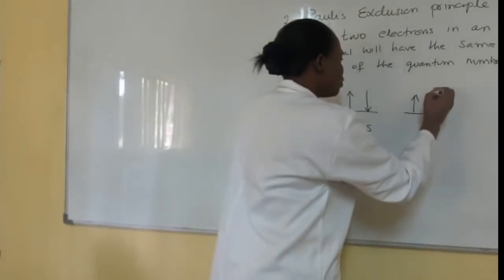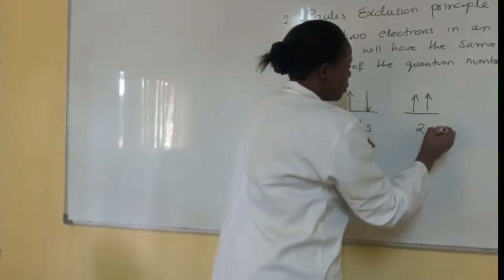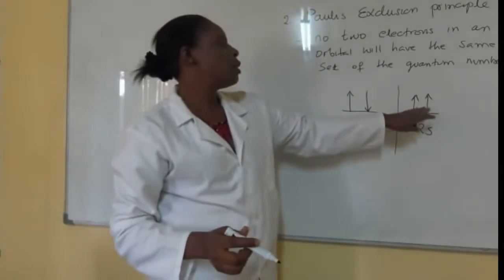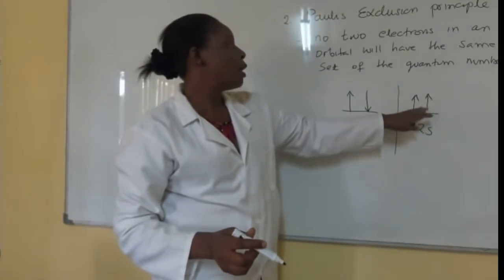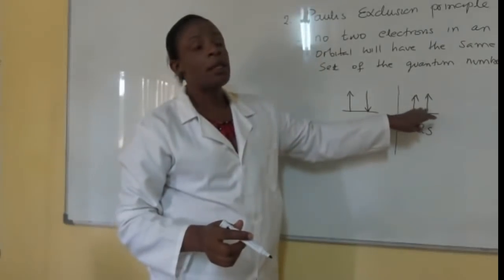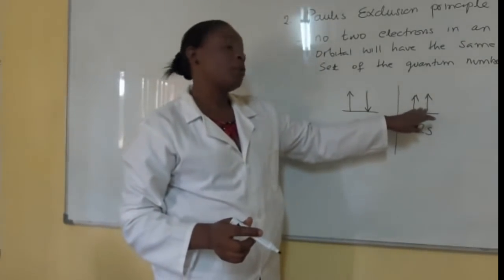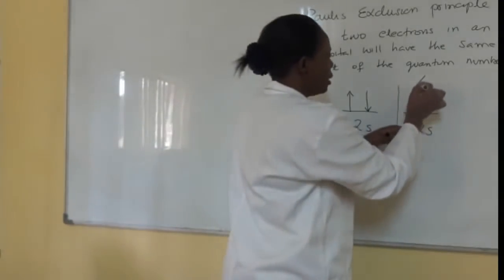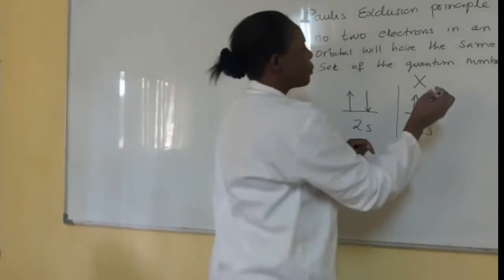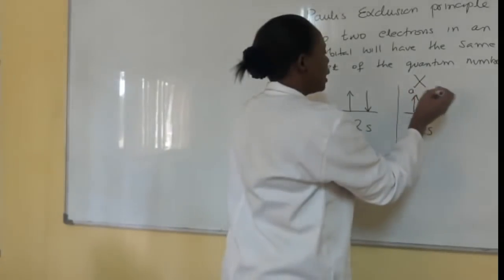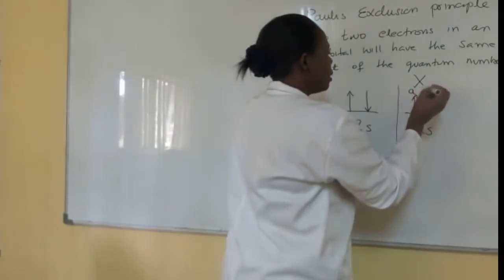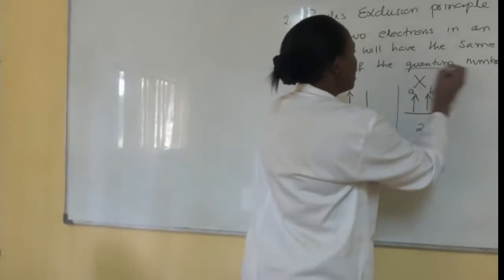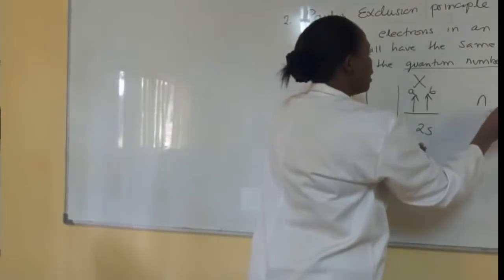So for instance, if I was to draw this, okay, please take note. If I was to draw this, it's not following the Pauli's exclusion principle. Because if you look at this illustration here, which is wrong by the way, if you have electron A and electron B, the quantum numbers, of course, we know that there are 4 in number.